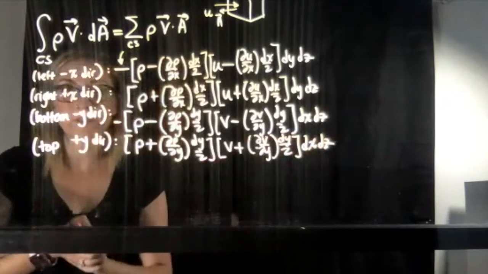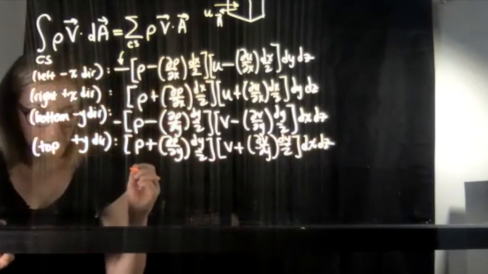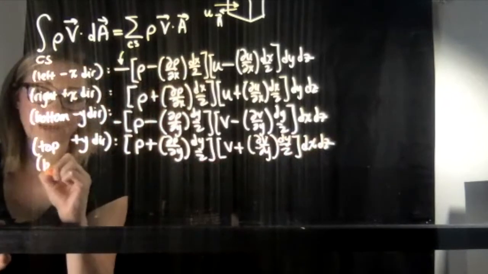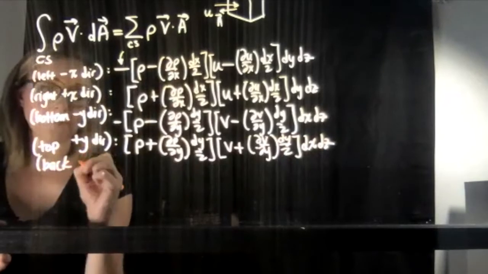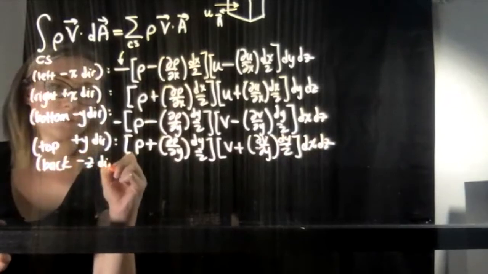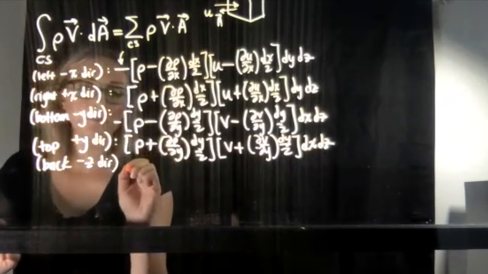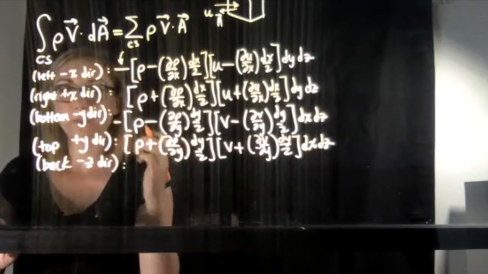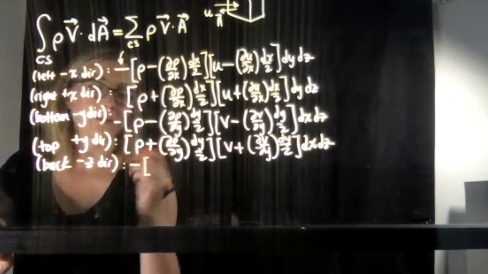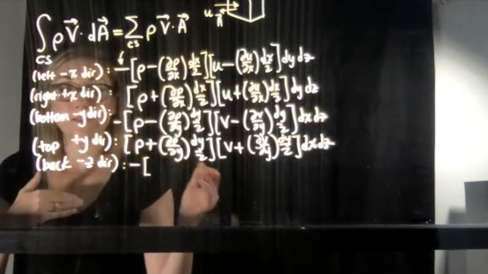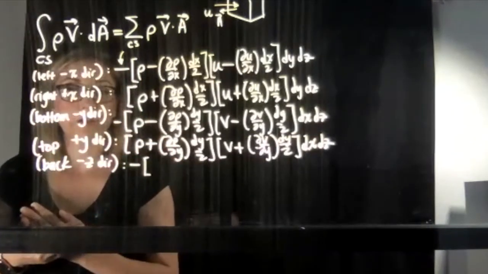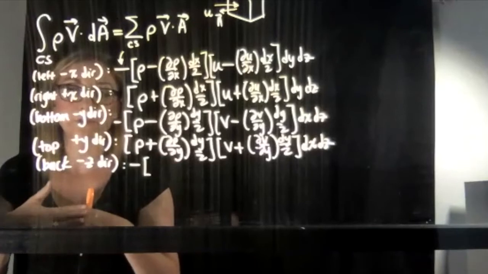Okay, so this just leaves our last two surfaces. So first, we're going to go with the back face. So this is the negative z direction. Again, just like in the x and the y direction, here we're going to have a negative because the velocity and the unit normal for the area vector are oriented in opposite directions.